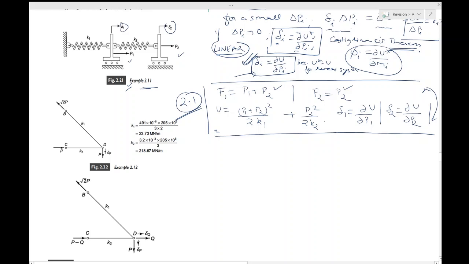You want to add together the total energies, even though one member is in compression and the other is in tension.